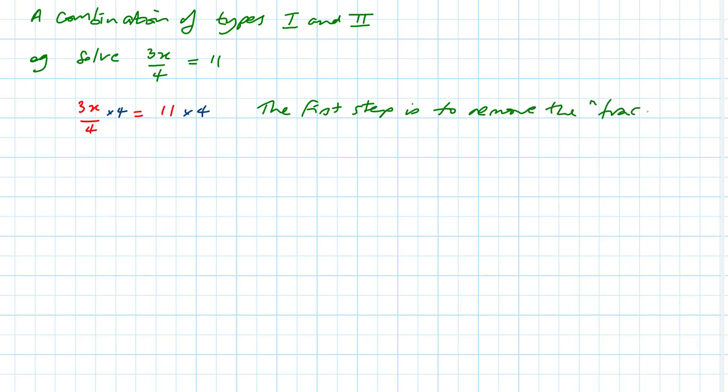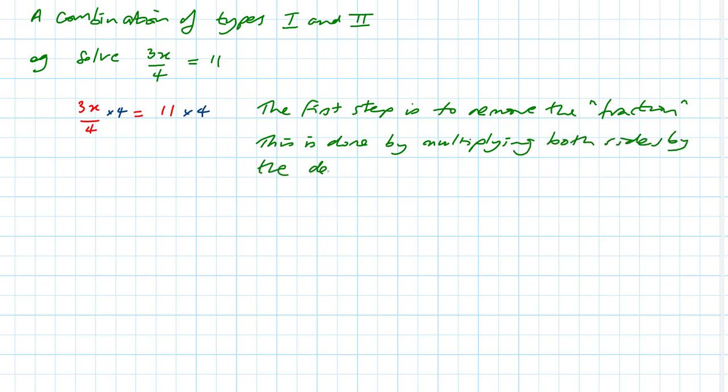So we just multiply by the denominator of the fraction. So that leaves us with 3x is equal to 44. Now, as before, we divide both sides by 3 and we're left with x equals 44 over 3.